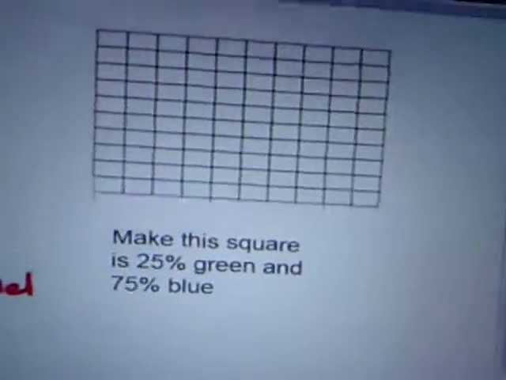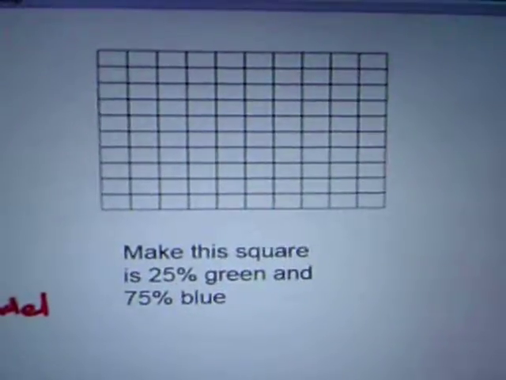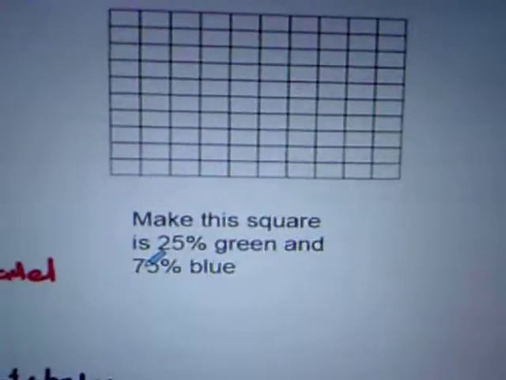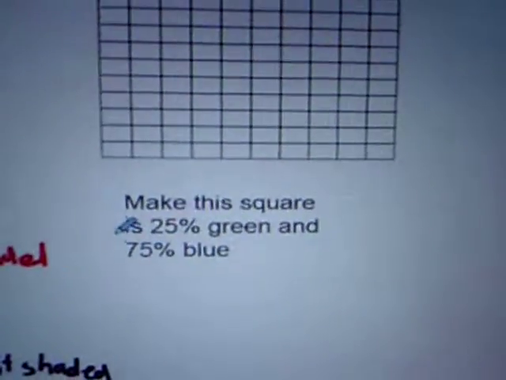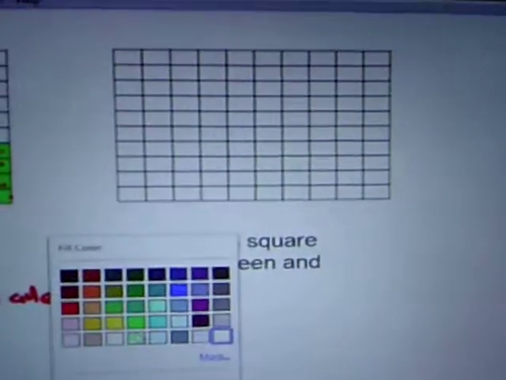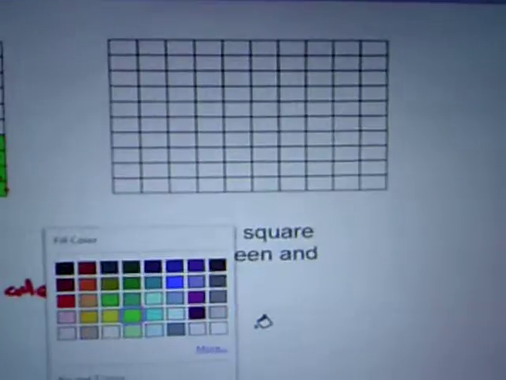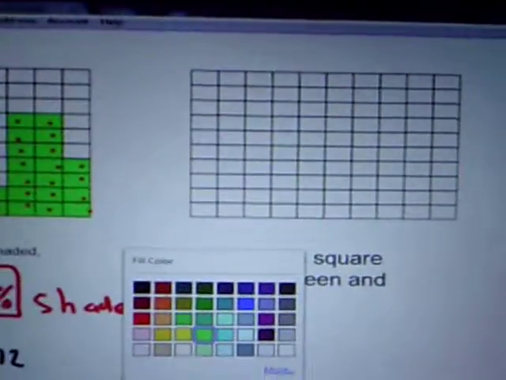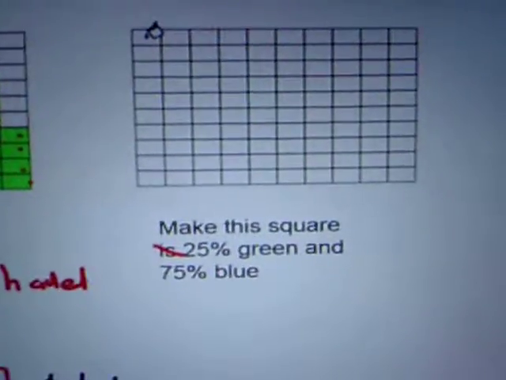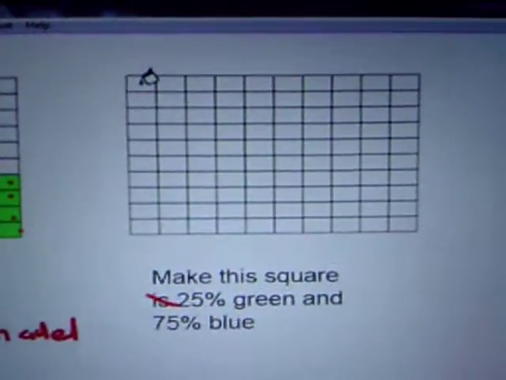Then there's these types of problems. Make this square 25% green and 75% blue. Of course, this is a typo here, as I'm just noticing now. So let's make the square 25% green, okay, and 75% blue. So here we have a square. It's blank right now. It's 100% white. There's nothing colored in.